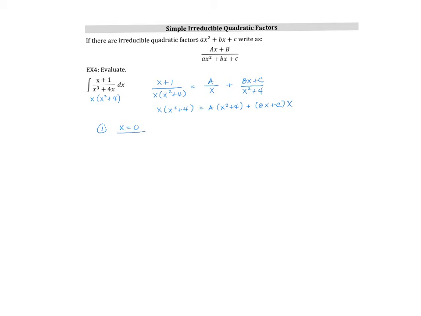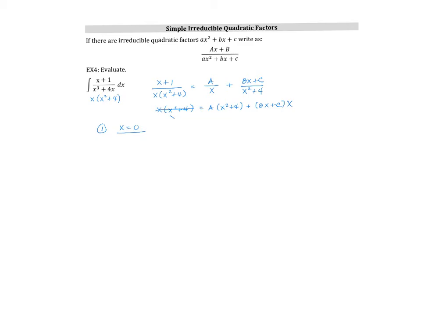So I could choose x is equal to 0 using method 1. And if x is equal to 0, many things go away. Oops, look what I did. When I got rid of the fraction, I wrote the wrong thing on the left-hand side.